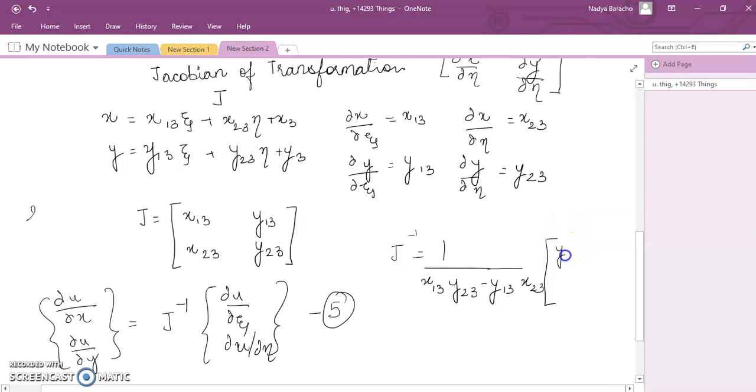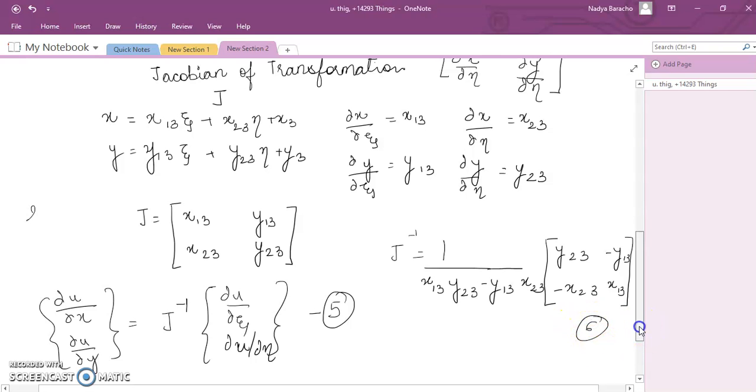When I do that, I will get y23, minus y13, minus x23 and x13. So this is J inverse. Let me call this equation 6.